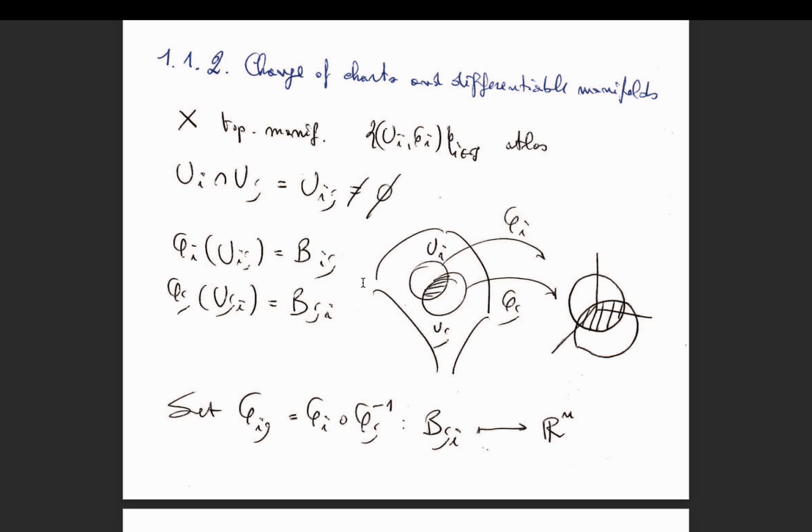We can obviously build the map phi_i composite phi_j^{-1}, which maps B_ji into R^n. Because these maps, which we call phi_ij, are real-valued functions of several real variables, we can ask ourselves if they are differentiable.